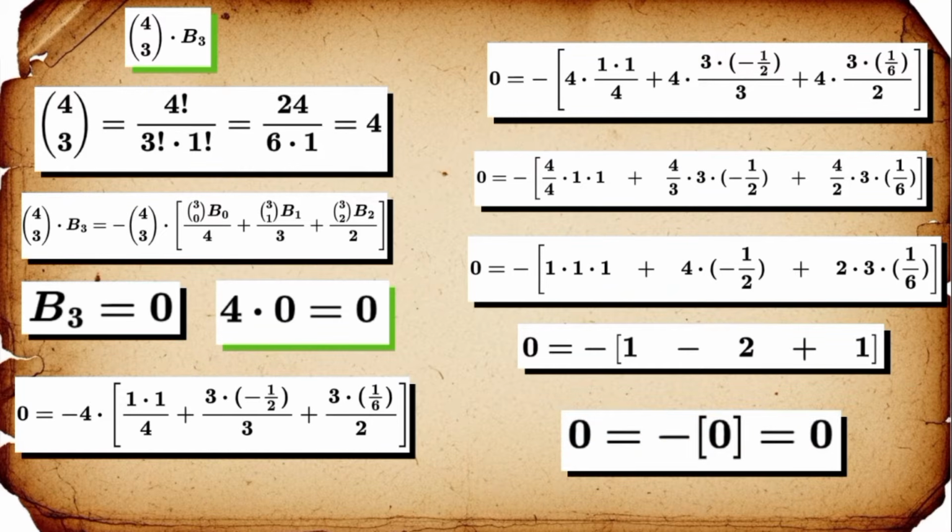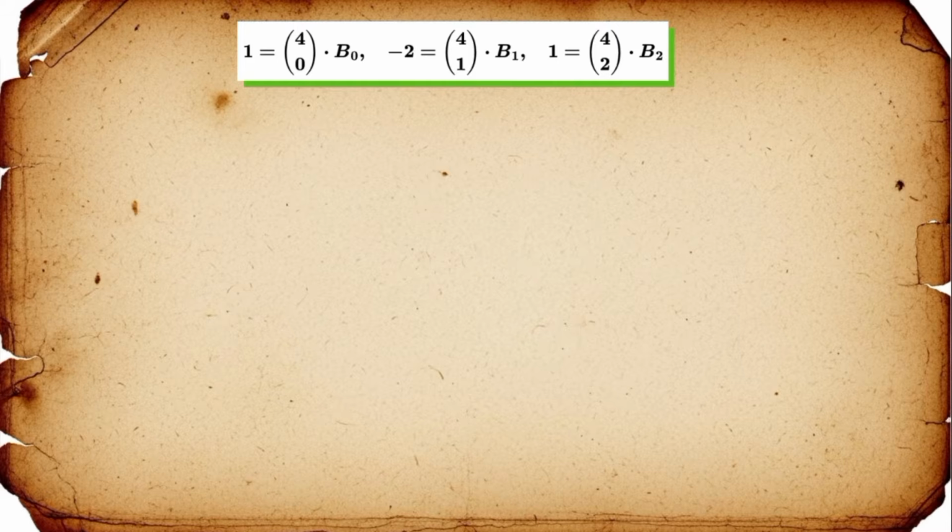Now, let's rewrite this result in terms of binomial coefficients. The terms we got were 1, negative 2, and 1. Notice that 1 equals 4 choose 0 times b sub 0, negative 2 equals 4 choose 1 times b sub 1, and 1 equals 4 choose 2 times b sub 2.